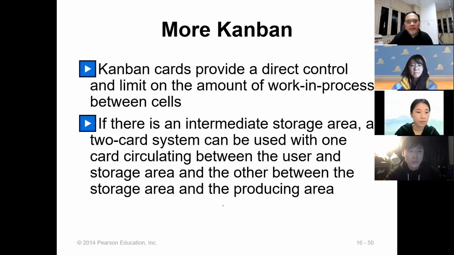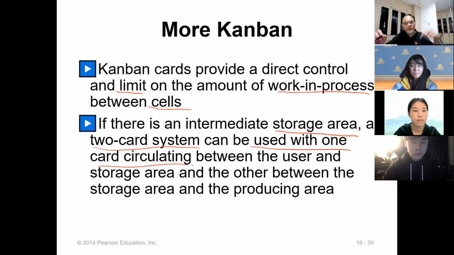So Kanban cards provide a direct control and limit on the amount of work in process between cells, between production processes. So if there is a storage area, a 2-card system can be used with 1 card circulating between the user and the storage area.